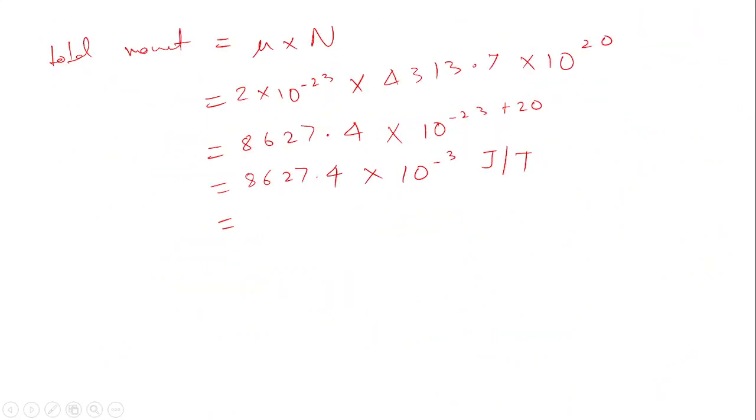So here our final answer is in joule per Tesla, or the equivalent unit ampere meter square, so no problem. We don't need to convert to anything else, everything is fine.